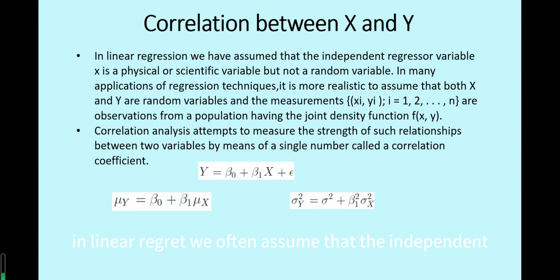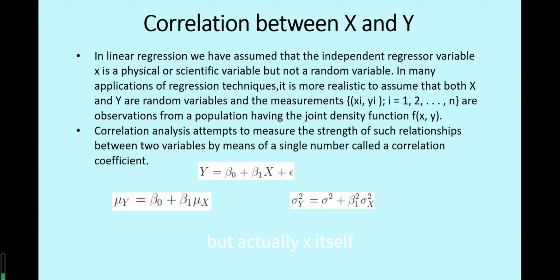Also, in linear regression, we often assume that the independent variables x are physical or scientific variables, not a random specification. But in reality, all the variables are random, because in linear regression, we assume that in a given x, there is a random variable y.